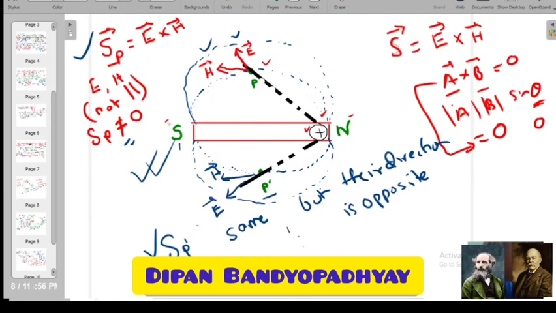Generally we use this as a point relationship, although it is not strictly a point relationship. We can use it because the type of situation I have just discussed is not too often faced in practical applications. For practical cases, you can use the Poynting vector, no problem, to get an estimate of the power density at some point in space.